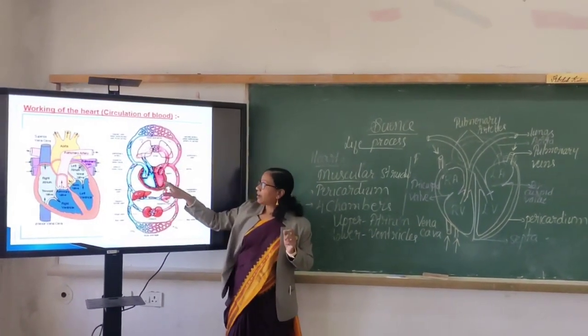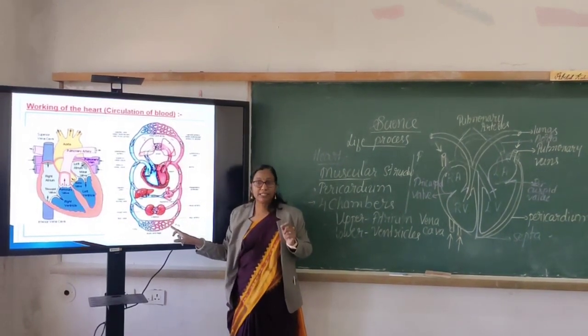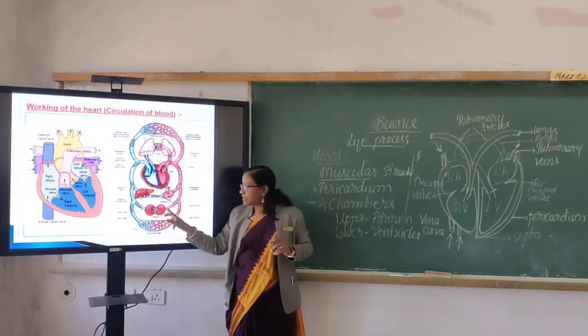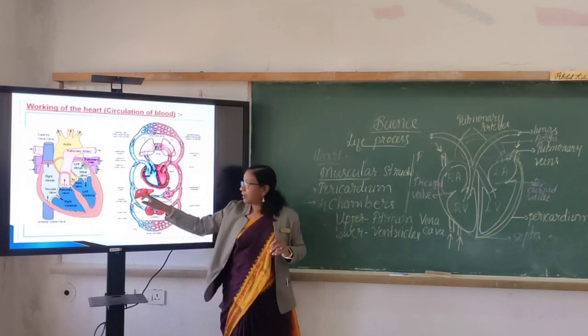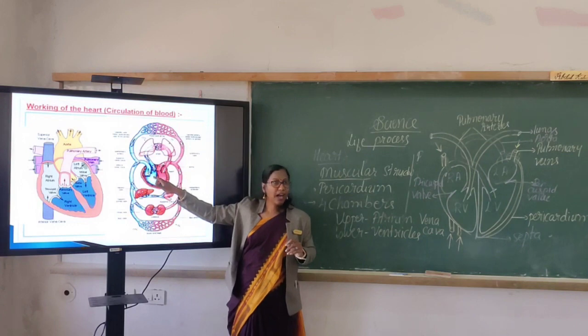So whenever deoxygenated blood comes here, what are these? These are capillaries which help in exchange, and here oxygenated blood comes and gives the oxygen to, say here it is the kidney, it gives the oxygen to the kidney, and then it takes carbon dioxide and comes back to the heart.